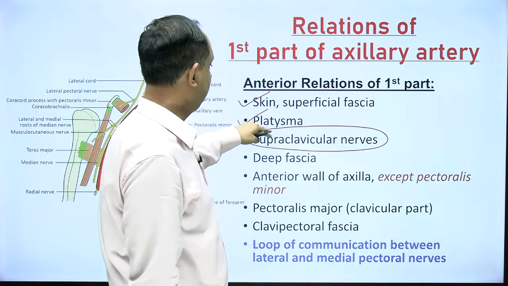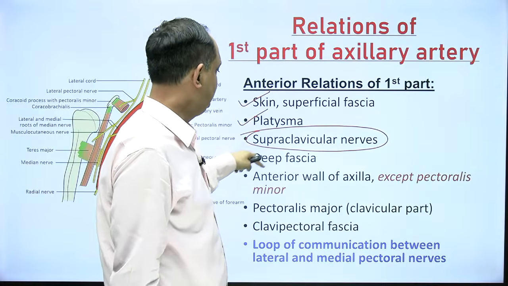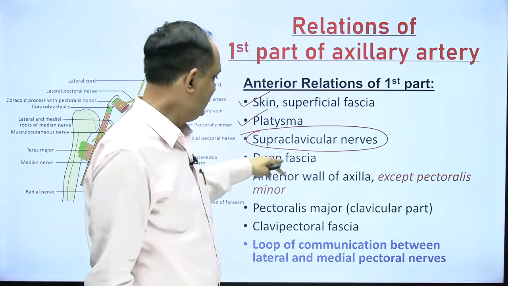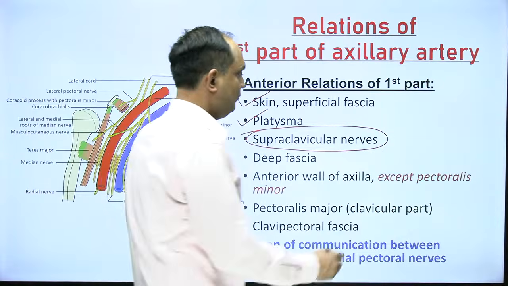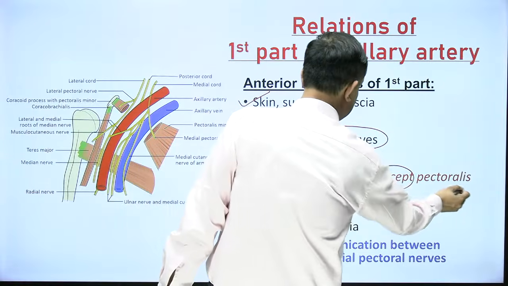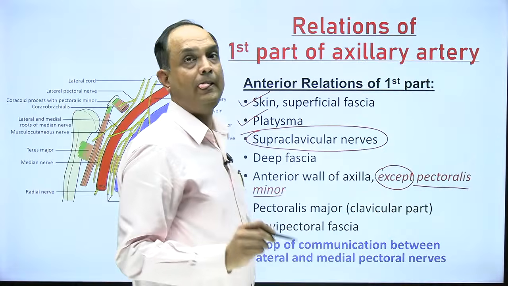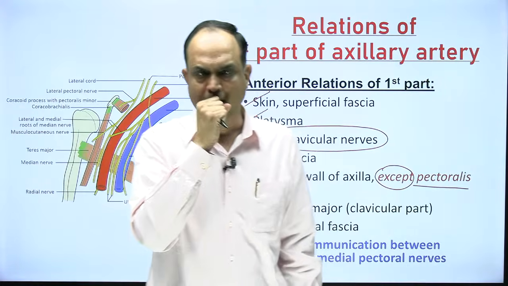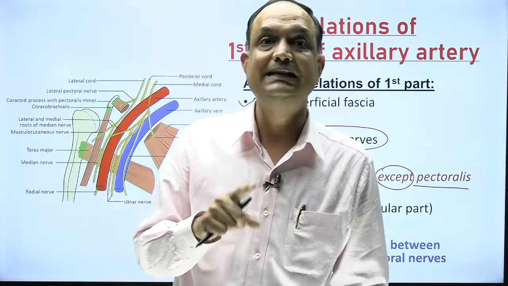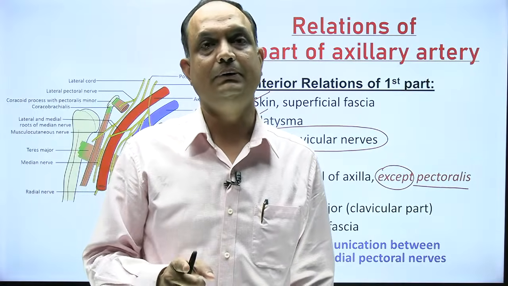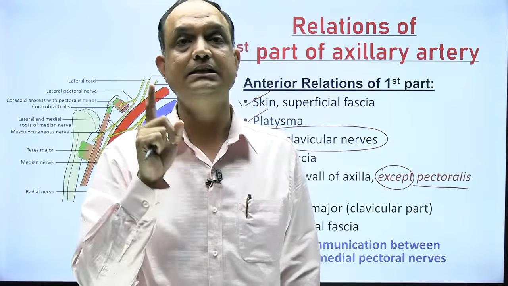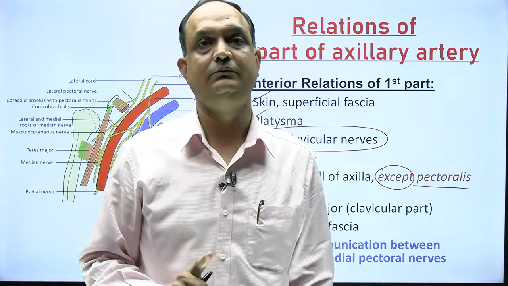So below this superficial layer, deep, you will have deep fascia. Then you will have the anterior wall of axilla except pectoralis minor. Why are we using the words except pectoralis minor? Because if you write pectoralis minor as an anterior relation, that means you are dealing with the second part, because the second part lies behind the pectoralis minor.